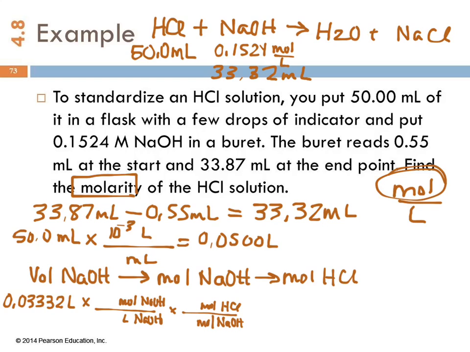Ooh, that got tiny. Sorry about that. Moles to moles comes from the equation. In this case, it's 1 to 1. It's not always. That's why we should include the term. This is the concentration that we are given, 0.1524.